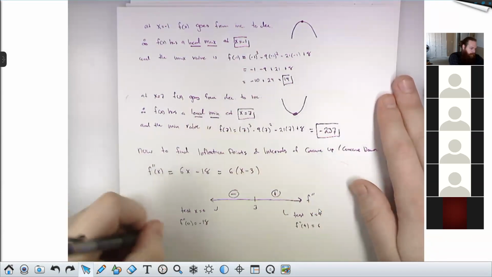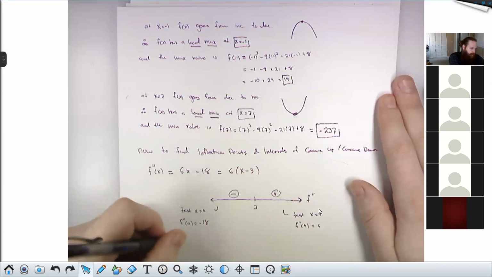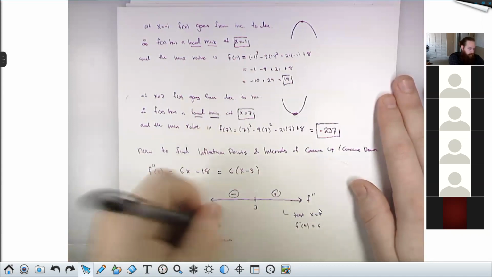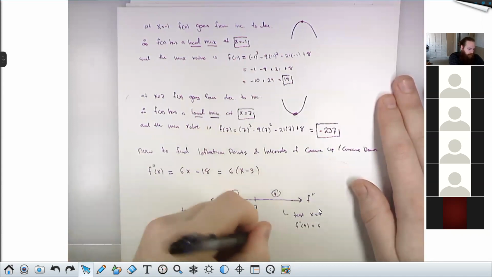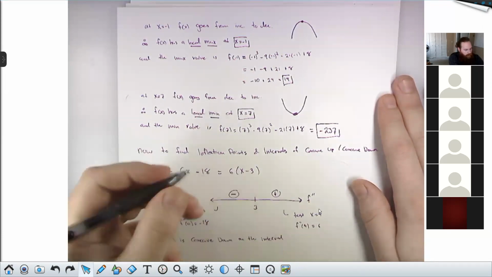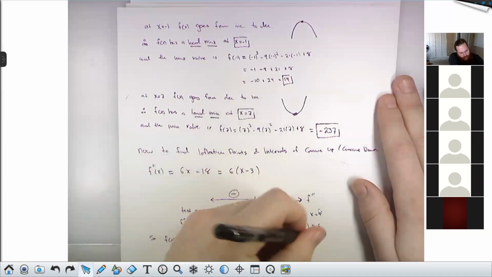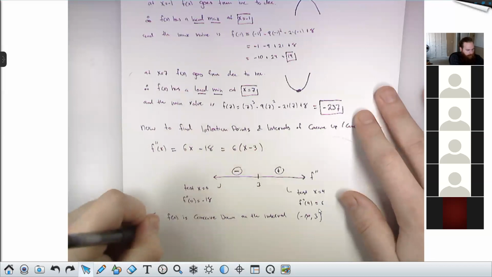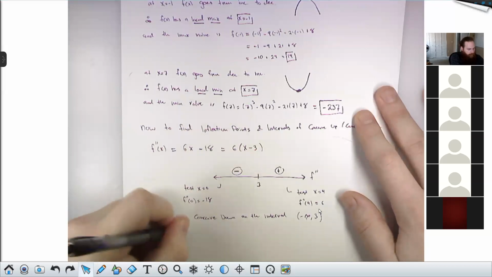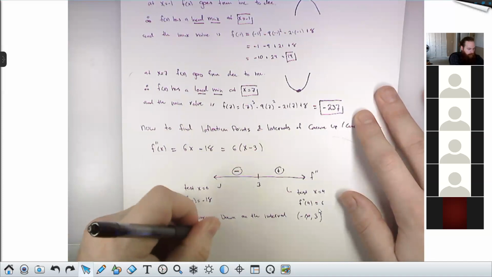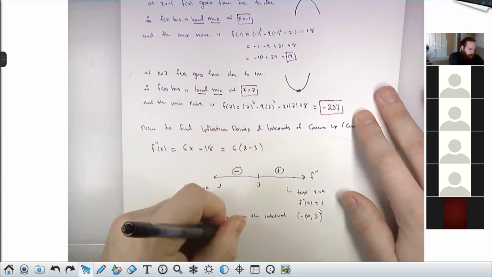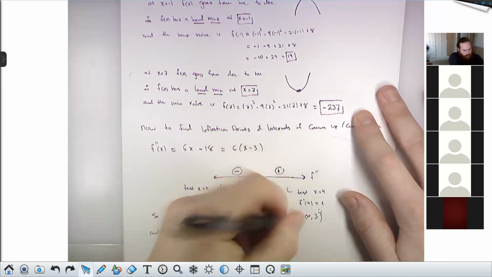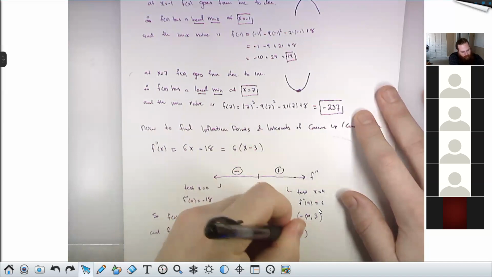So f of x is concave down on the interval -∞ to 3, that's this region, and f of x is concave up on the interval 3 to infinity.